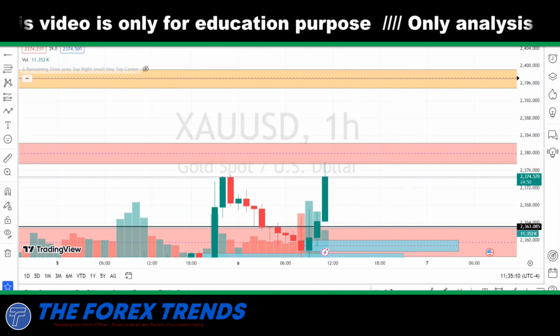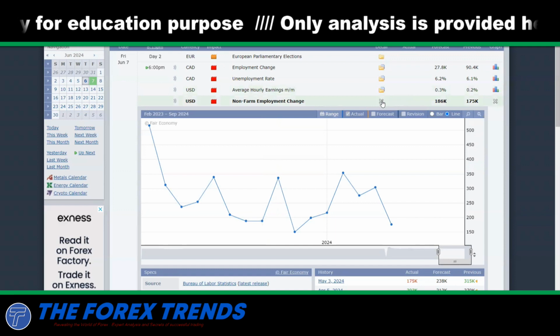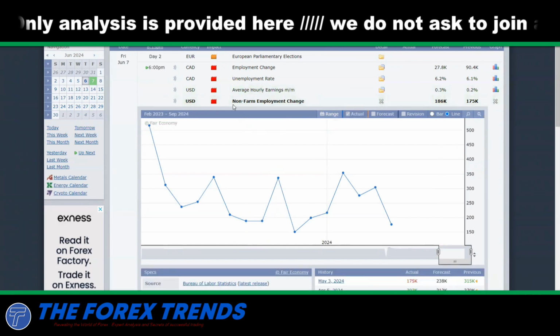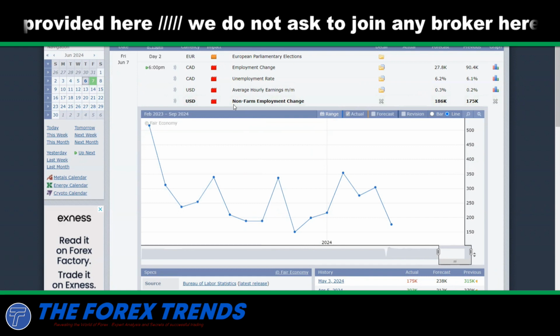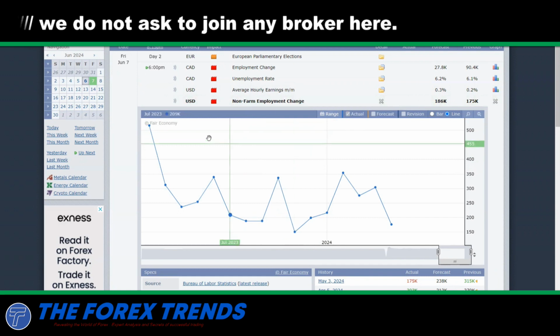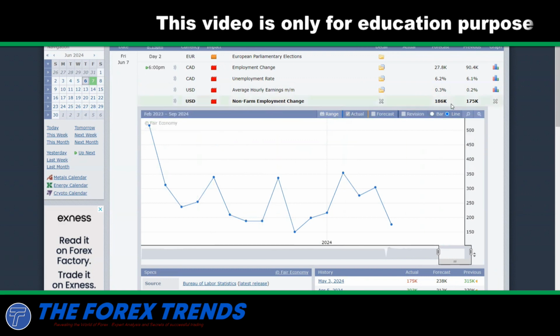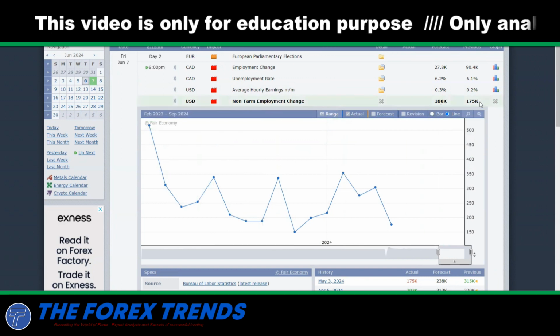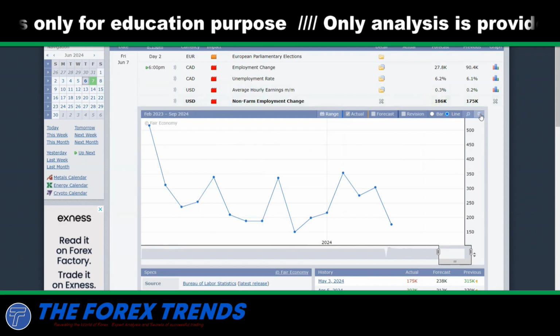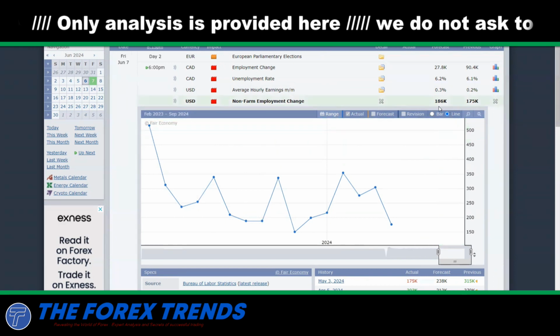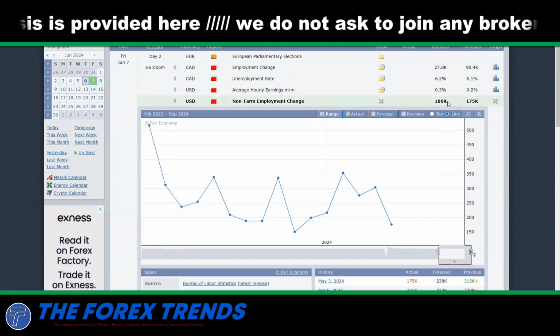And if we check the economic calendar, look guys, the NFP data is scheduled for 6 p.m. IST tomorrow, and it is forecasted to be greater than the previous data. The previous data was 175K, and it is now forecasted at 186K.